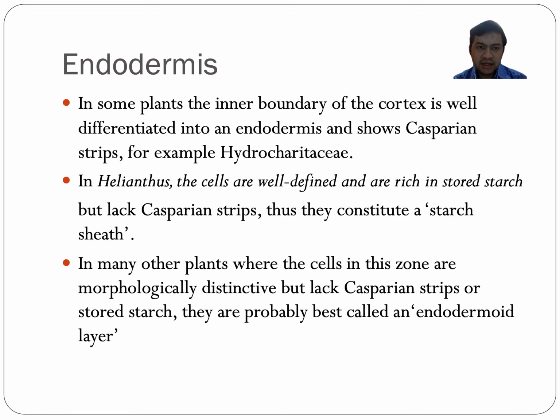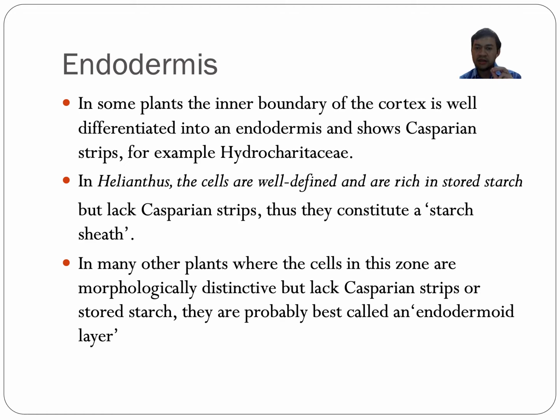For the endodermis, in some plants the inner boundary of the cortex is well differentiated into an endodermis and shows a Casparian strip. If you still remember, the Casparian strip is very important in transport also. For example, in Hydrocharitaceae, and in Helianthus, sunflower, the cells are well defined and rich in stored starch, but lack Casparian strips.